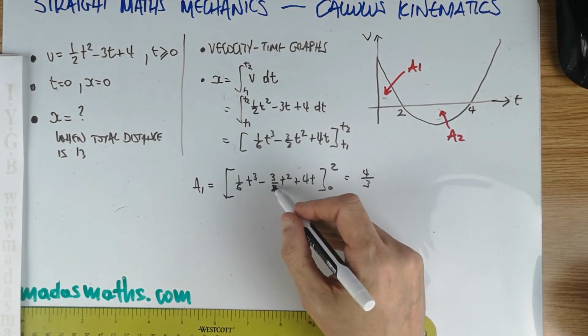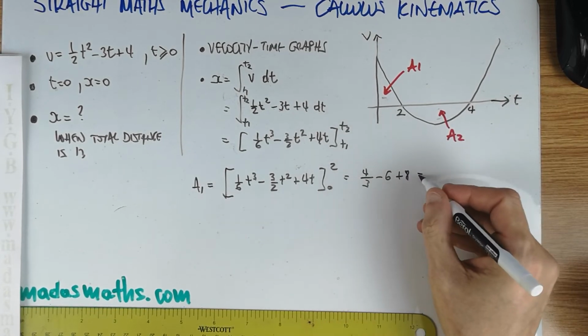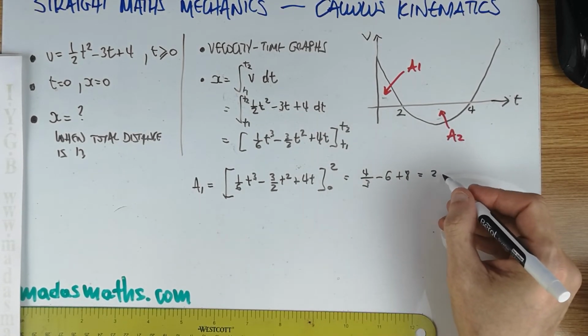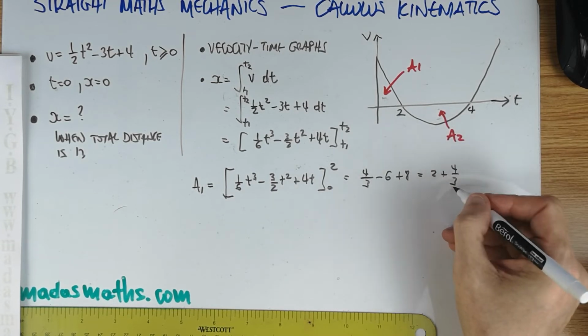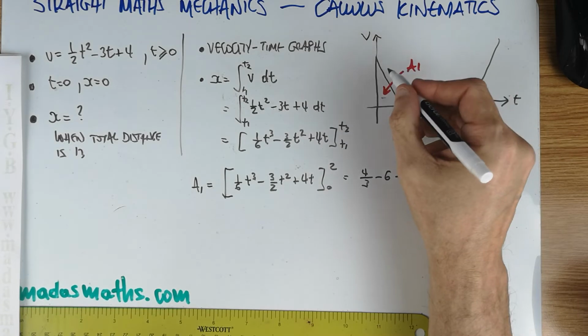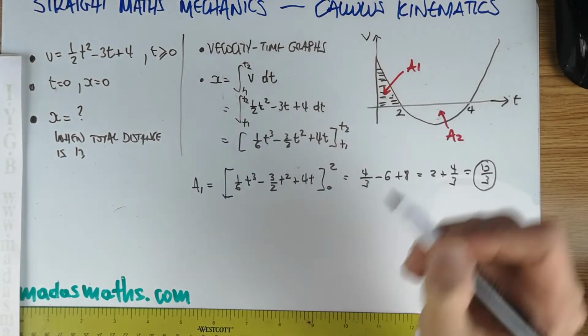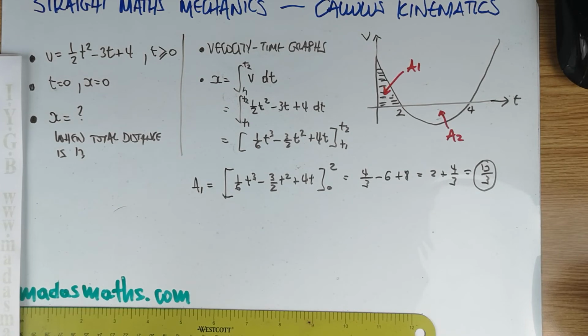Then 1/2 times 4 is minus 6, plus 8, which is 2, plus 4/3, is 10/3. So A1, this bit here, the particle has moved a distance of 10/3 and the displacement is also 10/3.